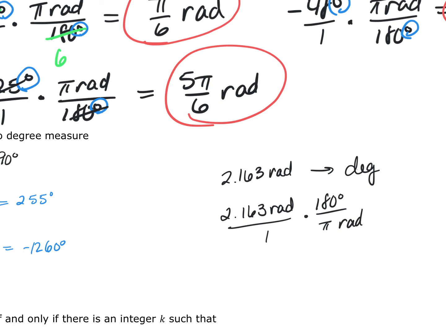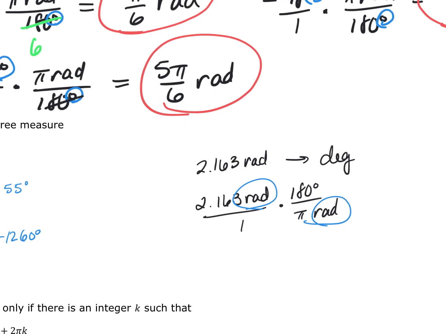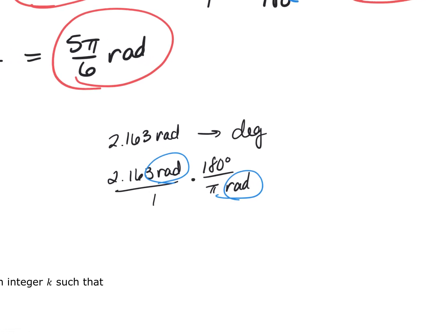And this is where I will need to use my calculator, and I'll need to use my pi button. So what I would put in my calculator is 2.163. I would multiply that by 180 and then divide that answer by pi using my pi button, or 3.14, whatever it is that's being asked to use.